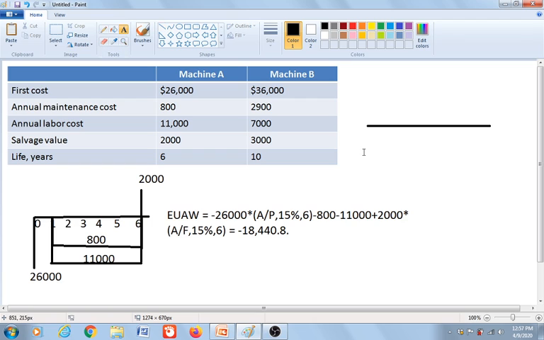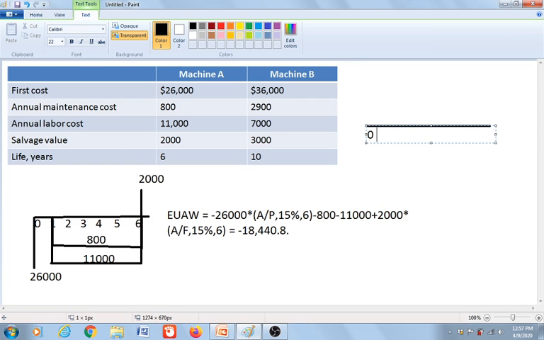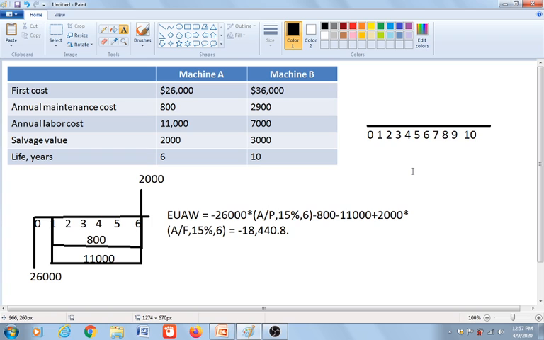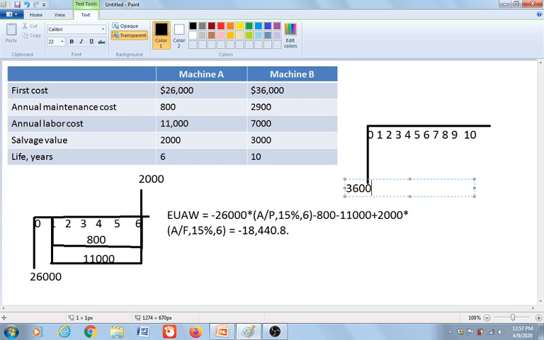So the life of machine B is 10 years. 0, 1, 2, 3, 4, 5, 6, 7, 8, 9, and 10. The first cost is 36,000. That's 36,000.